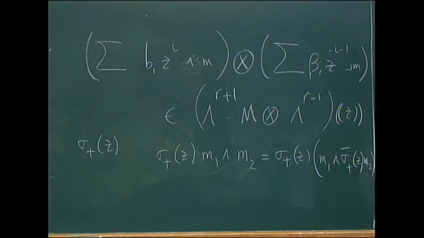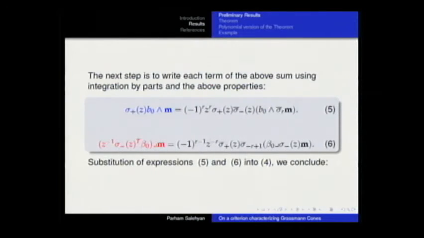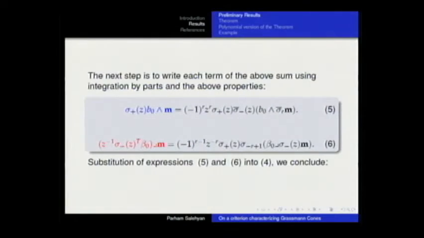In fact, for obtaining this equality, first we have to use this equality here. Because sigma plus is an algebra morphism, and it's invertible as a formal power series. So, in fact, you can factor sigma plus and write just the inverse of sigma plus here. The same thing holds for this equality here.